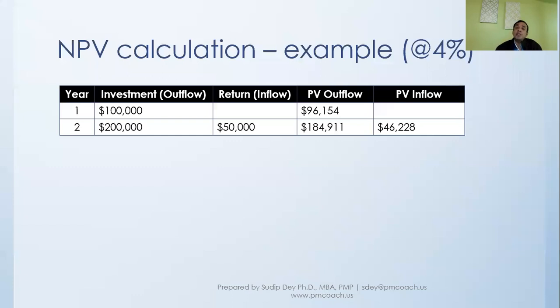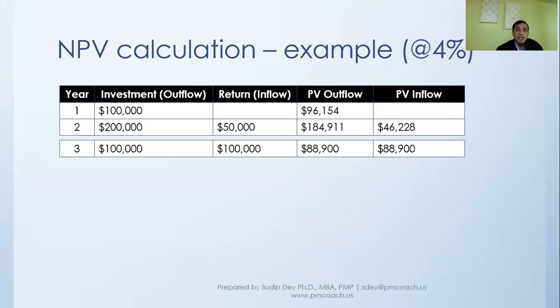And the present value as of today of this 200,000 outflow is 184,911, using the same formula that we applied. And the present value of the inflow, that is of the 50,000, is 46,228.